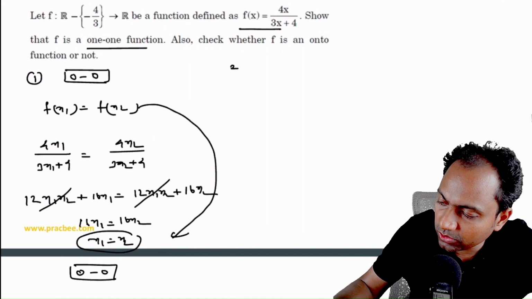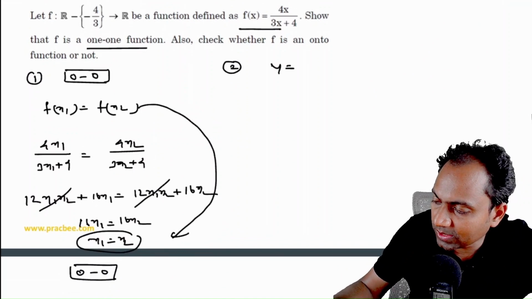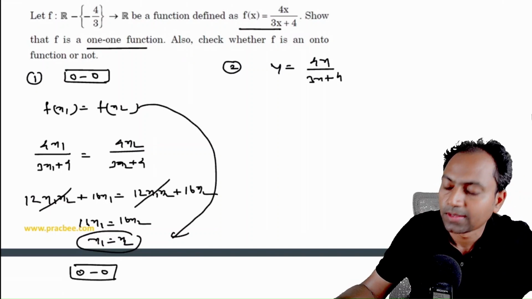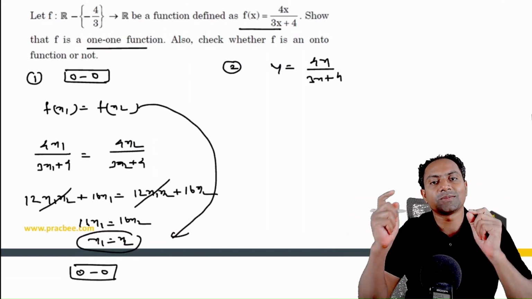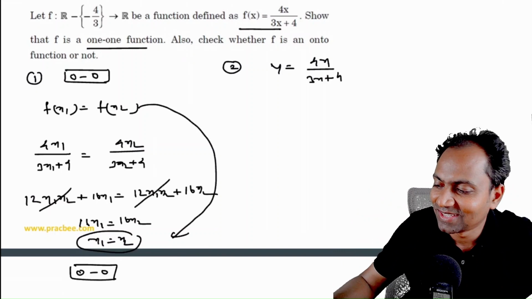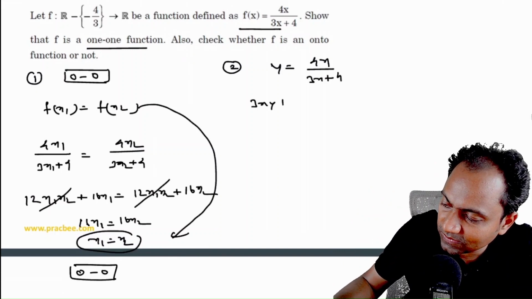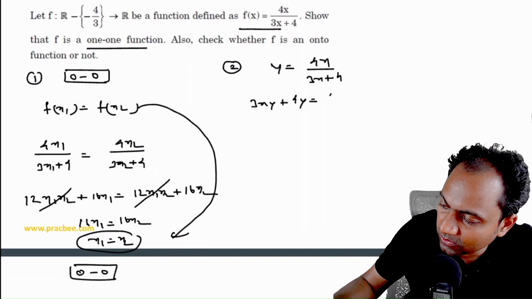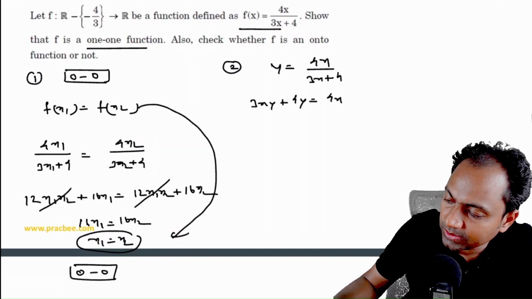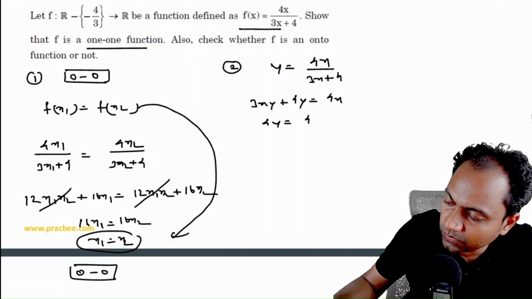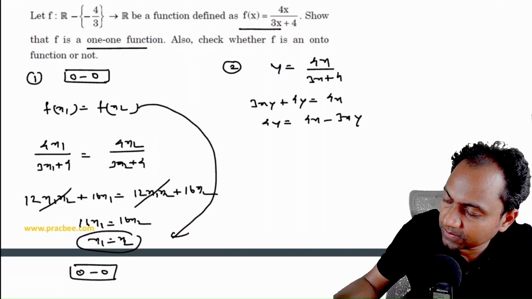Let us move on to the onto part. For finding onto, we will write y is equal to 4x by 3x plus 4. Cross multiply and find the value of x in terms of y and find the domain of that function. That is simpler to execute. Now if I cross multiply, this is 3xy plus 4y is equal to 4x. So I can write this as 4y is equal to 4x minus 3xy.